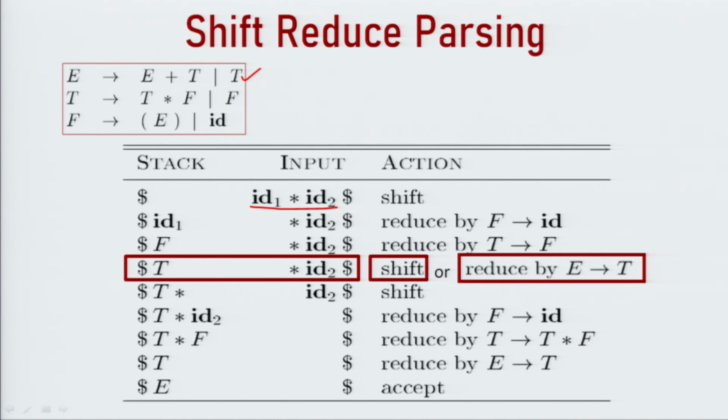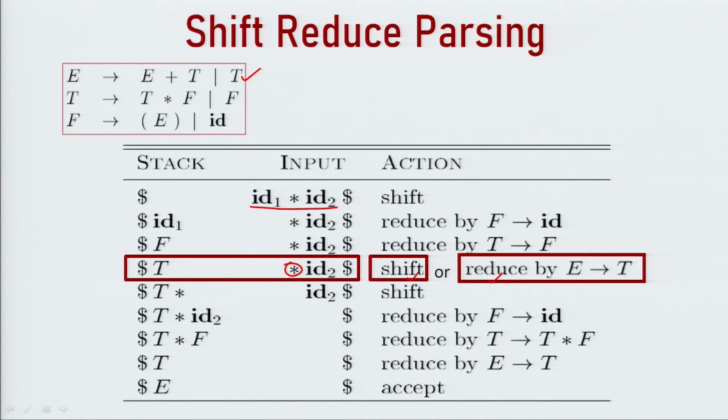Now see the scenario like this: in the stack we have dollar and then T, and the input is multiplication ID2 and dollar. If you remember, here we had two choices for the action to be performed: either a shift operation or a reduce operation, because here we have multiplication.